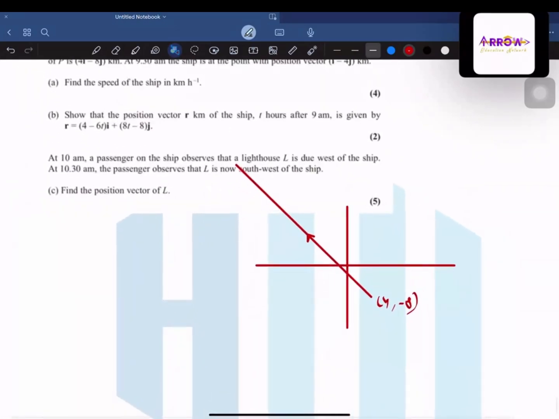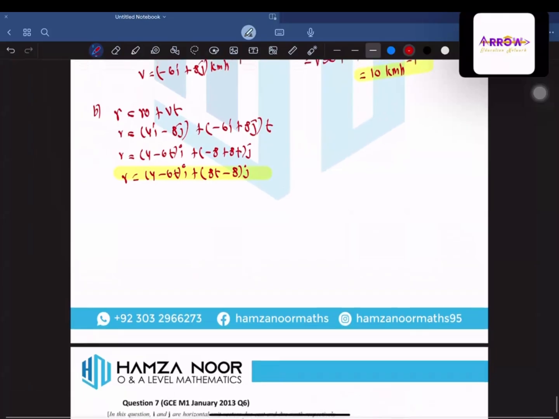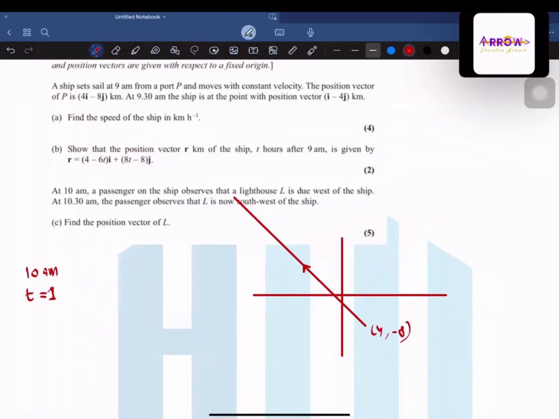As we have already established, at 10 a.m., t is equal to 1. So at t equals 1, I can find the position vector of the ship, since we have found the position vector in terms of t. 4 minus 6t is the i component, as we showed in part B. So at 10 a.m. the position vector of the ship is 4 minus 6 times 1 for the i component, and the j component is 8 times 1 minus 8.